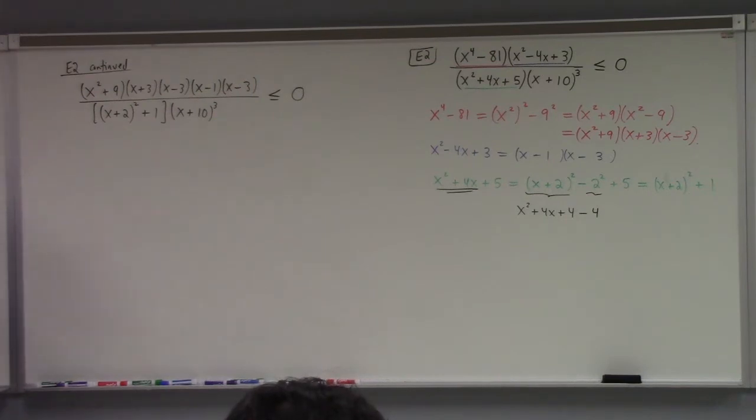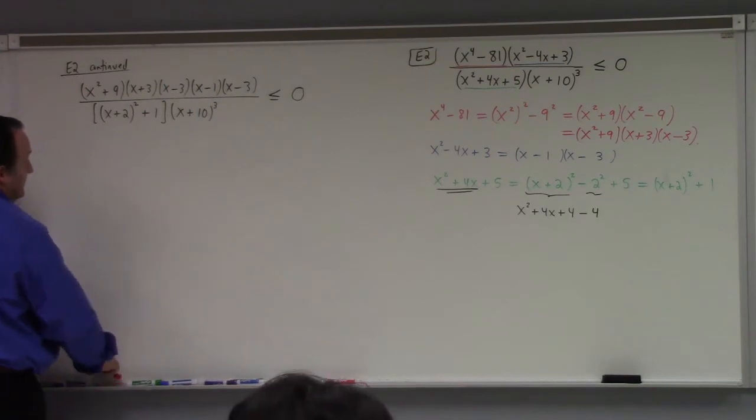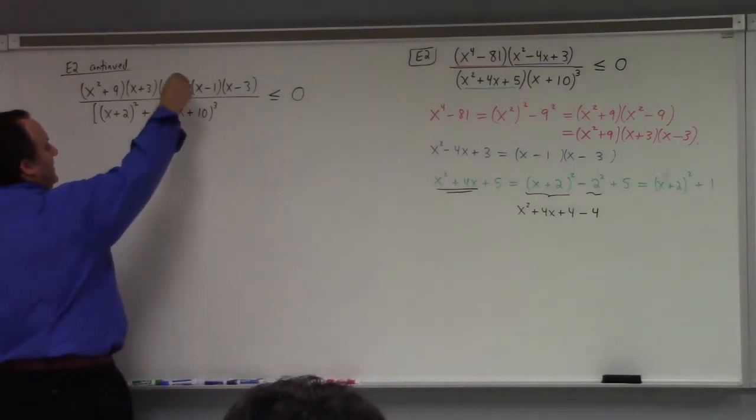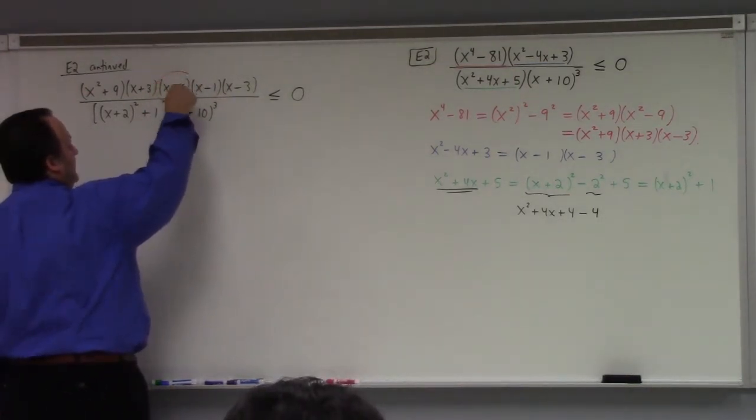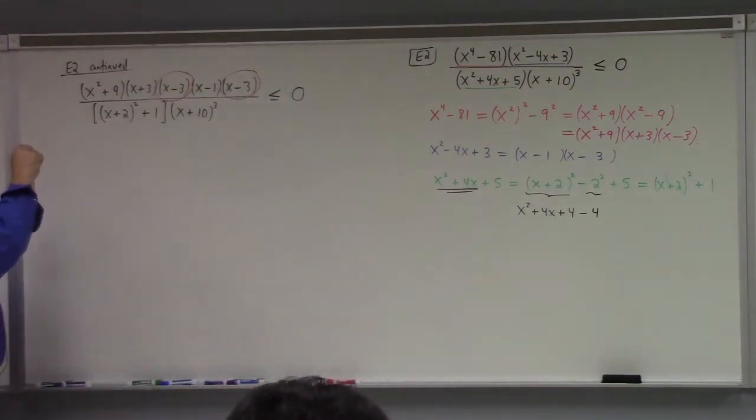One more step before I leave this. We should make sure when we're doing this kind of thing, if there's any kind of commonality between the different factors, right? Like this and this. See that? We can combine those.